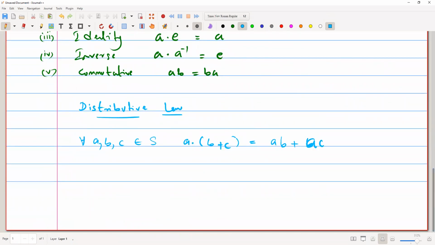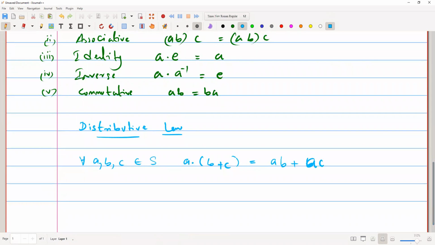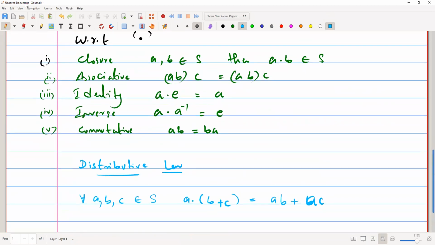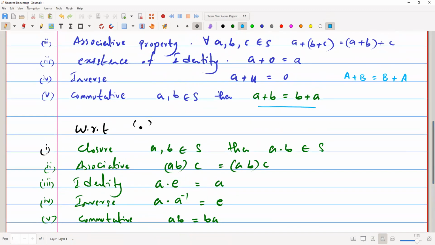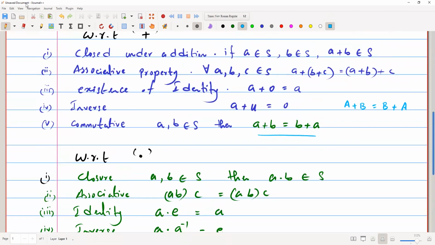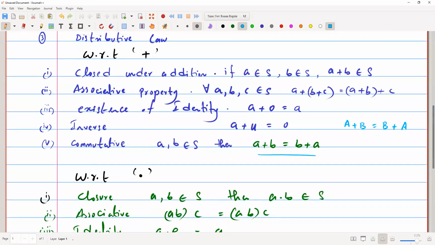And for real numbers, we can check that these properties are satisfied. Let us start with the first property, that is closed under addition. If we take any two numbers from the real numbers and add them, the number that we get will be from the real numbers.